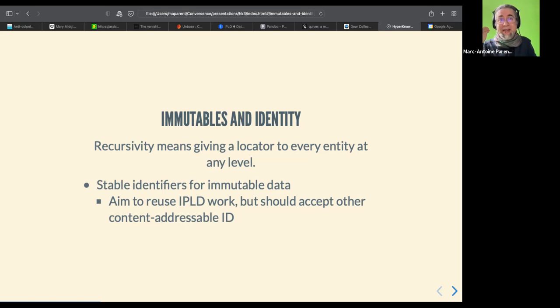But the idea of stable identifiers for immutable data: if you have immutable data, it should map to unambiguous, not necessarily unique, identifiers that will never change and will be shared among many systems in the ecosystem.